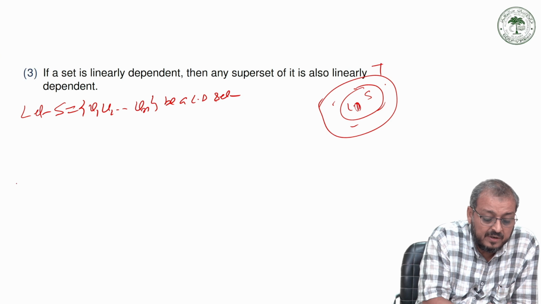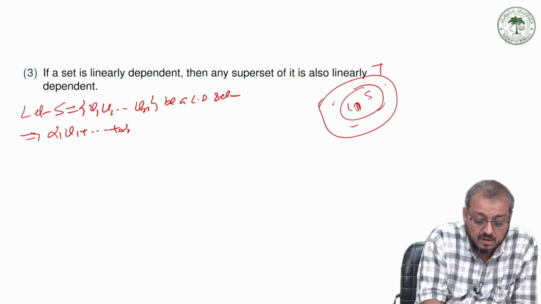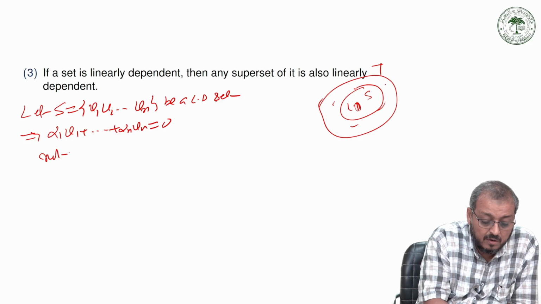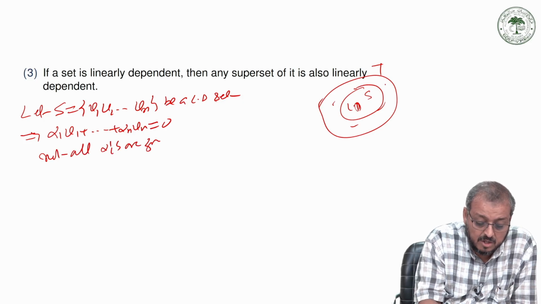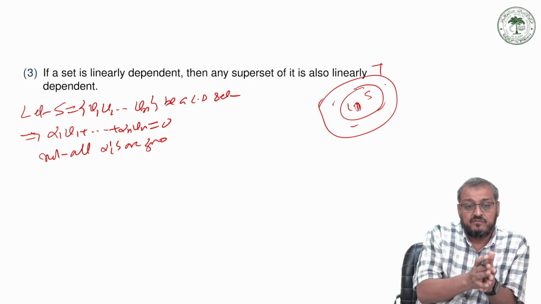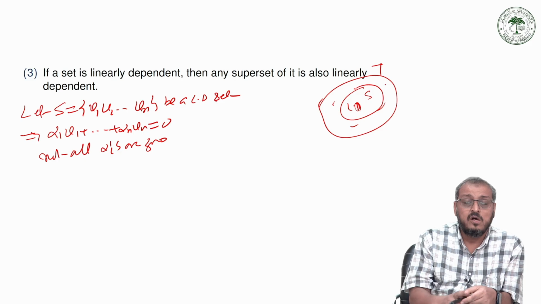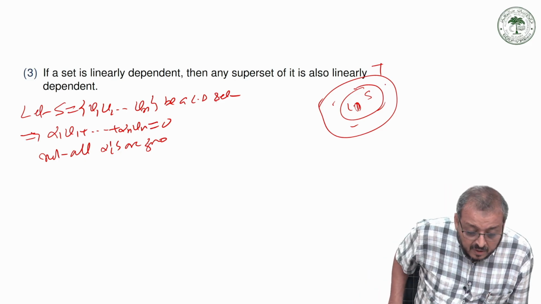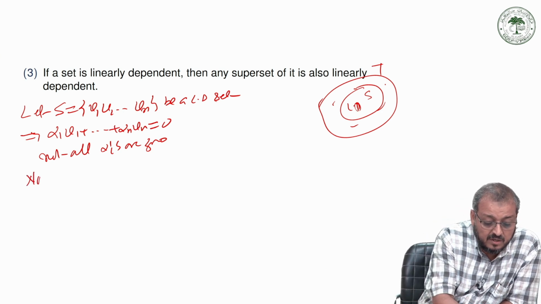Now, if it is a linearly dependent set, this implies that we can write a linear combination alpha 1 V1 plus so on plus alpha n Vn equal to 0, and not all alphas are 0. That means at least one of the alphas is not equal to 0.